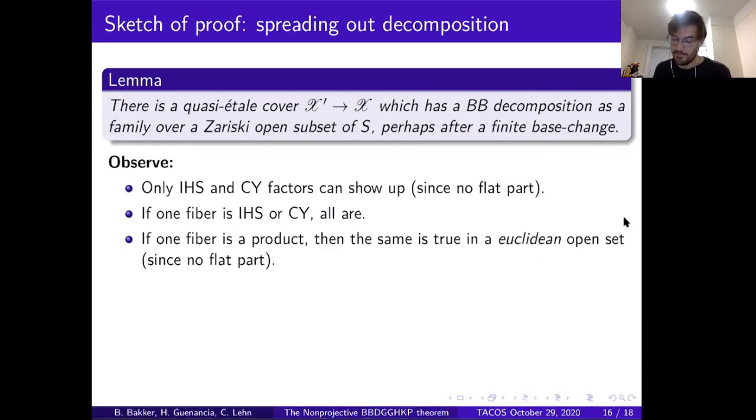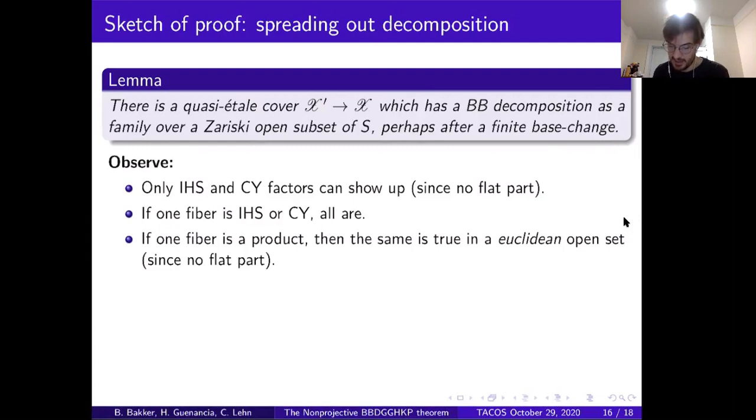Third, if one fiber is a product, in fact, in a Euclidean open set of that point, all of the fibers are products. So where does this come from? This comes from the fact that, again, because there's no flat part, a product can only deform to a product. And this is from essentially a tangent space computation.